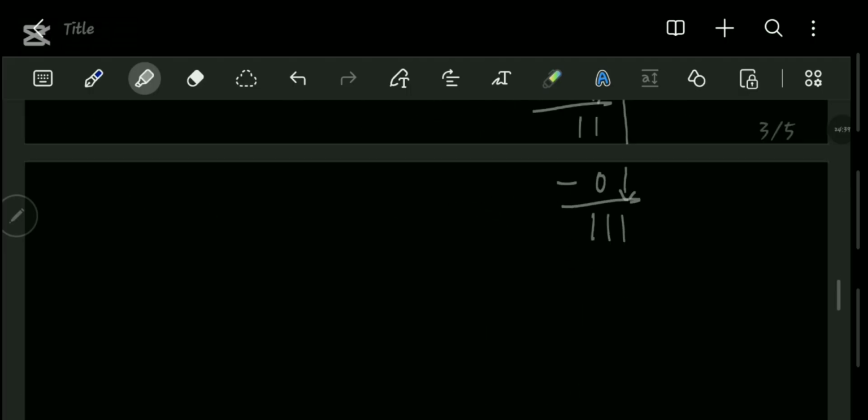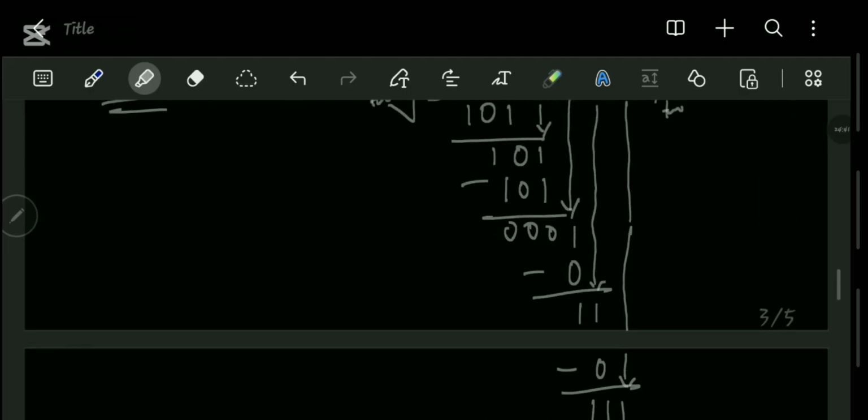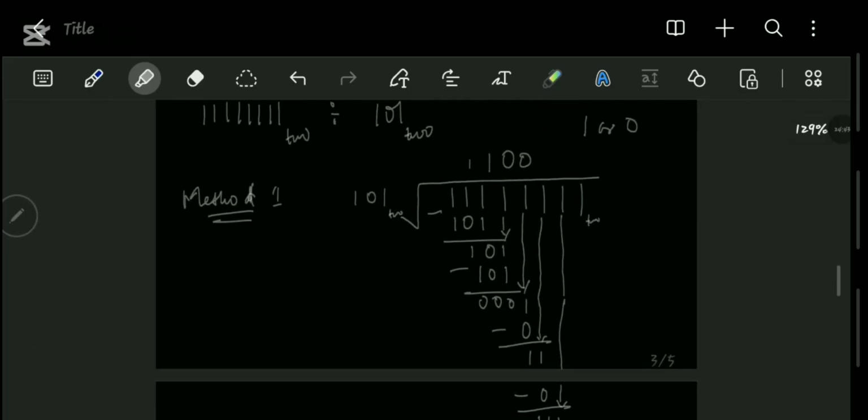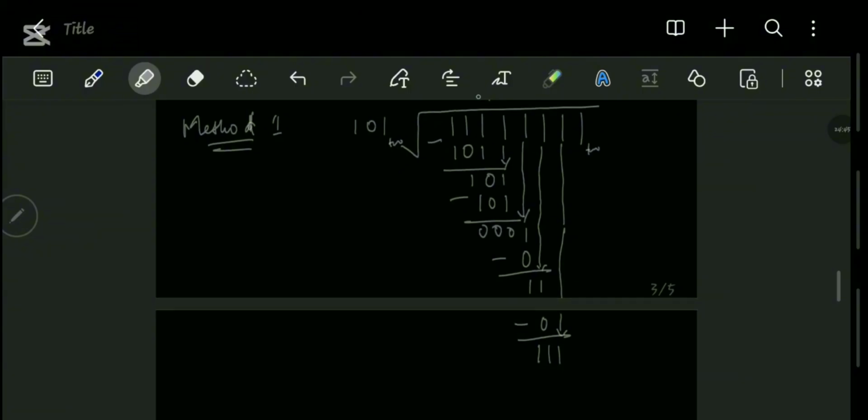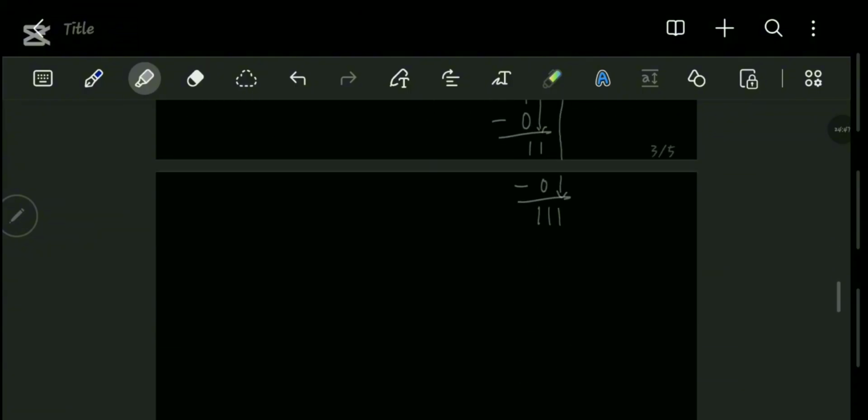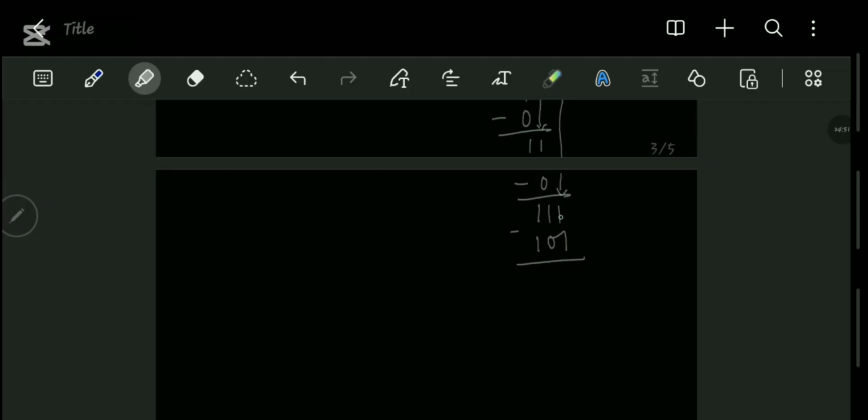Bring down the next digit. You have 111 there. And 101 in 111 is how many times? It goes once. And 101 times 1 is 101. When you subtract this one, 1 minus 1 is 0. 1 minus 0 is 1. And 1 minus 1 is 0. So we just have 10 here, right?